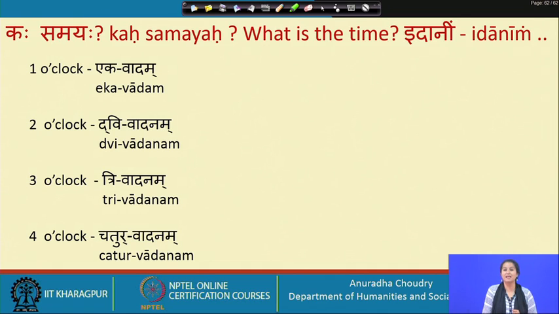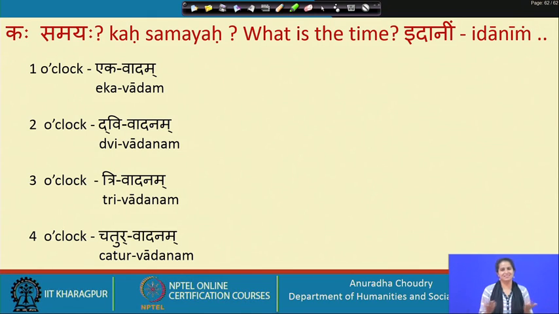And how would you say 4:45 or quarter to 4? So, quarter to 4 will be padona chatur vadanam. You got that? And the final one with the 1. So, if you wanted to say it's 1:05, how will you say that? Panchadhika ekavadanam. Uttamam. So, I hope you've got a hang of it.